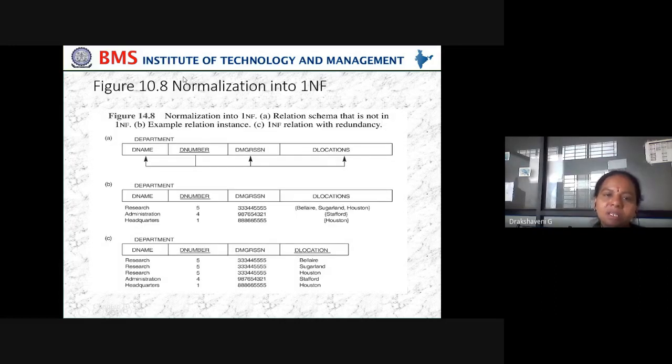So you can see in this table, department D number is a primary key and it is completely dependent on the other attributes. Then a relation schema that is not in first NF. You can see the research department is something like this, where values are there. But the location has a multi-valued attribute.